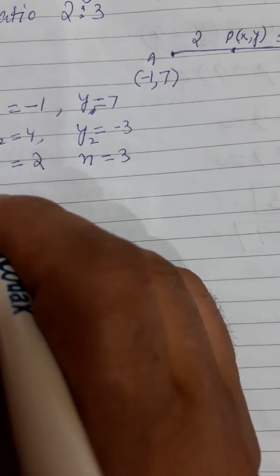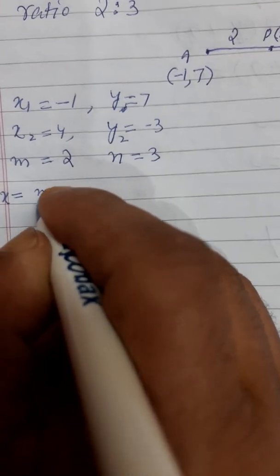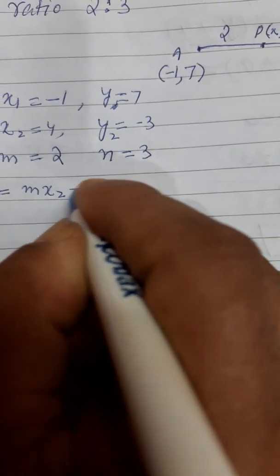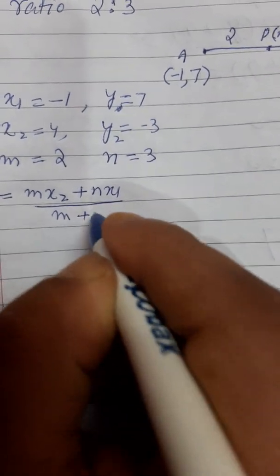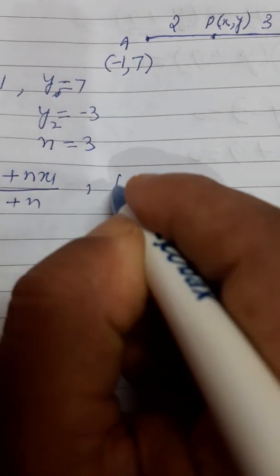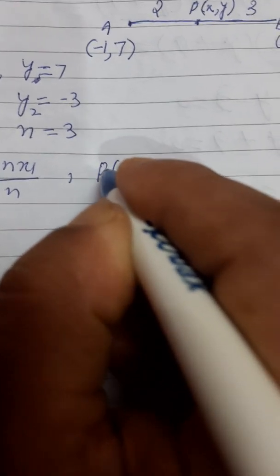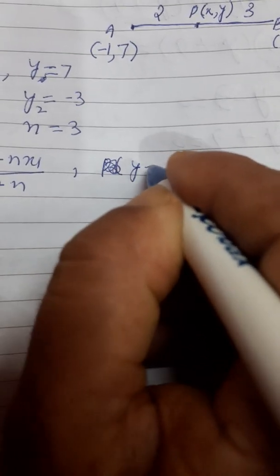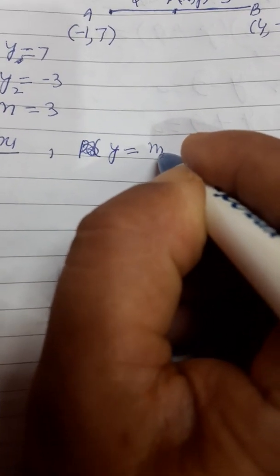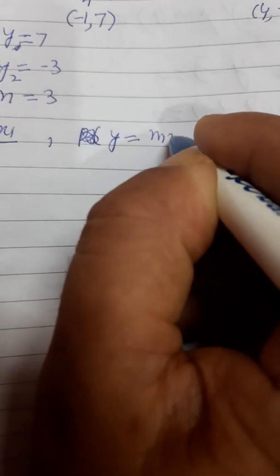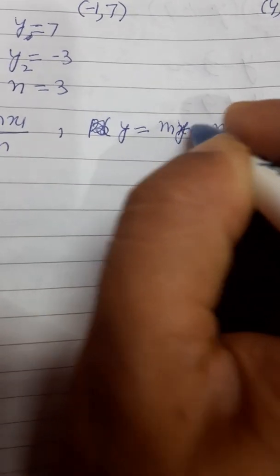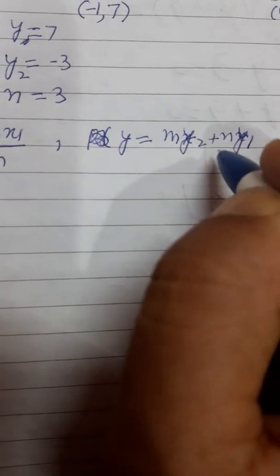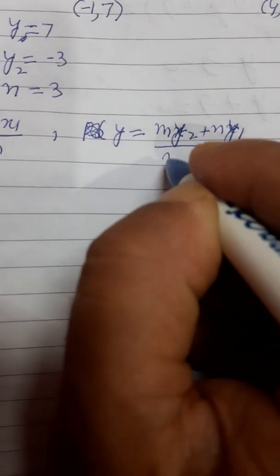If we want to know the coordinates of P, the x coordinate is equal to (mx2 + nx1) upon (m + n), while for the y coordinate, the point of division, we will write y is equal to (my2 + ny1) upon (m + n), because we are finding the coordinate of y here.